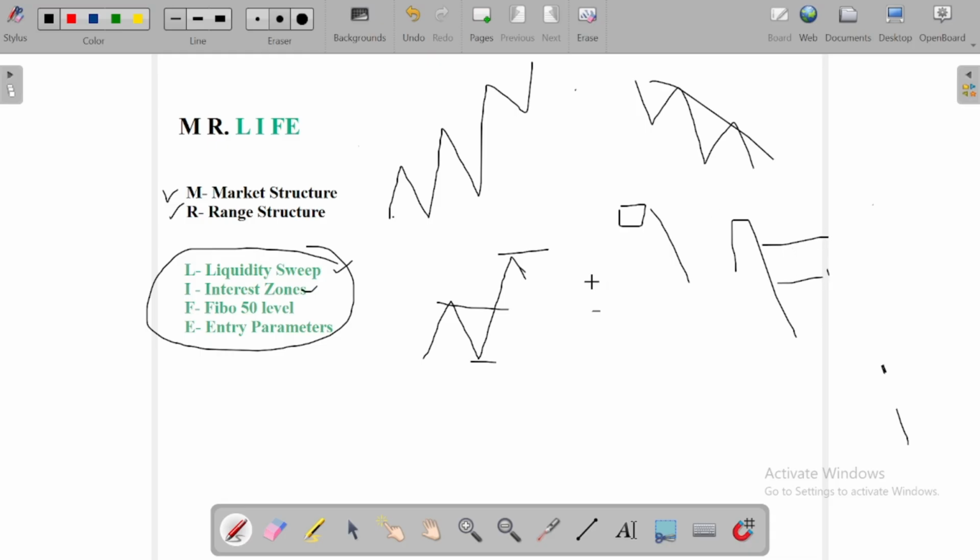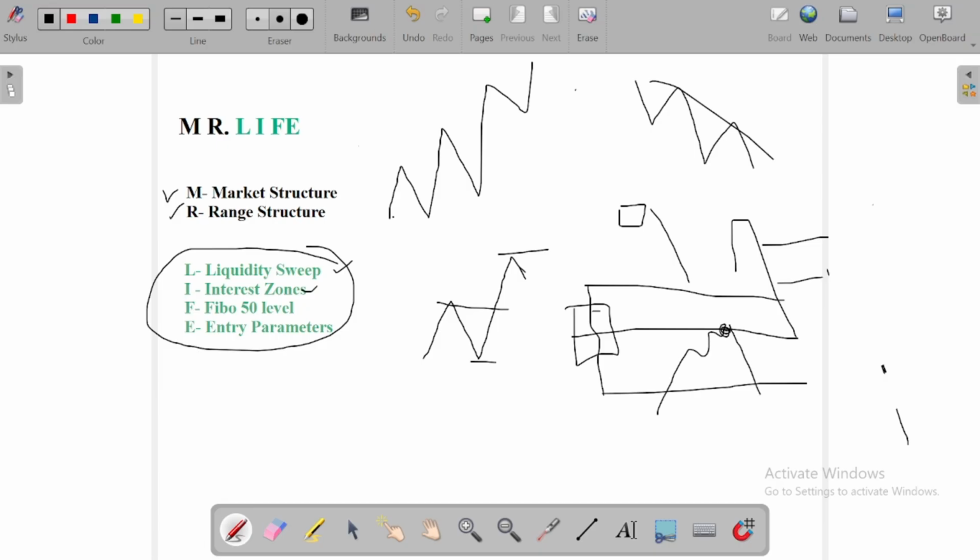Normally, let's just say this is the candle for the order block. So most of the time we used to divide it into half. So that's why we make use of Fibonacci, that we expect the price to come into that level, the middle level, before we place our entry.